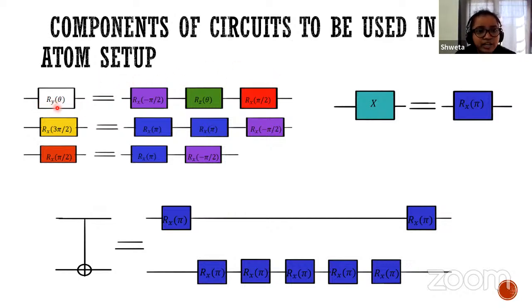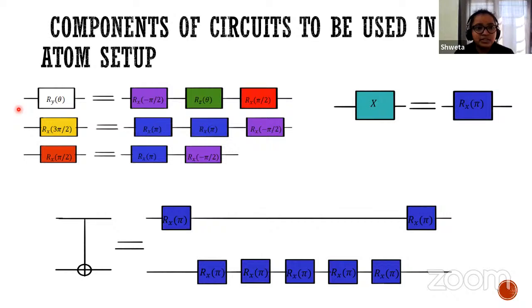Since the RY theta rotation gate, a rotation around the y axis, can be decomposed further into rotations around the x axis and z axis, these rotation gates are Rx minus pi by 2, then Rz theta, followed by Rx pi by 2 rotation. It is merely to reduce the number of gates which we'll be using in our setup.